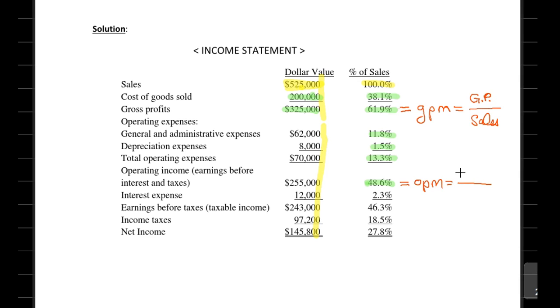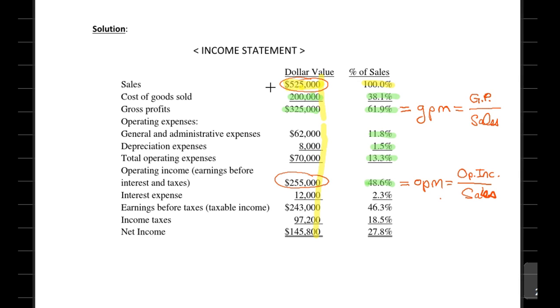And it's not difficult to see that operating profit margin in this case is equal to operating income divided by sales. So therefore, in our example, it would be $255,000 divided by 525, and we come across our operating profit margin.